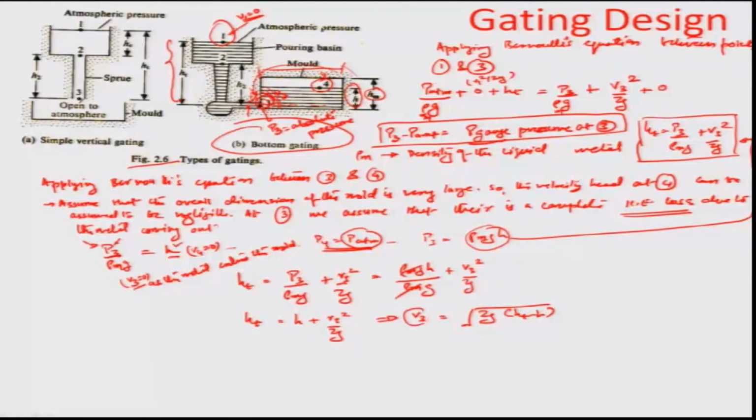So, that is the gate velocity just prior to the entry. That means, we are not still entering the mold, but prior to the entry of the mold it is actually given by this term V3 right about here. So, this we can consider to be the gate velocity V g in this particular case.